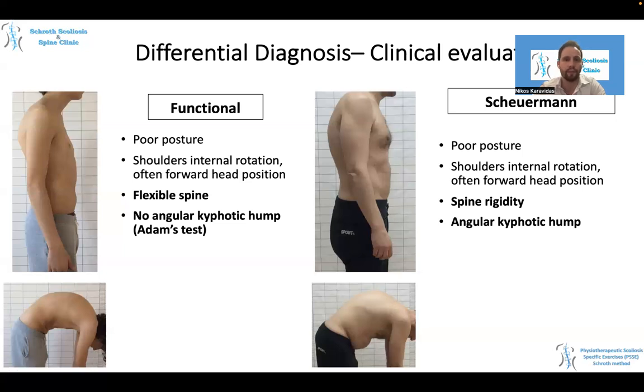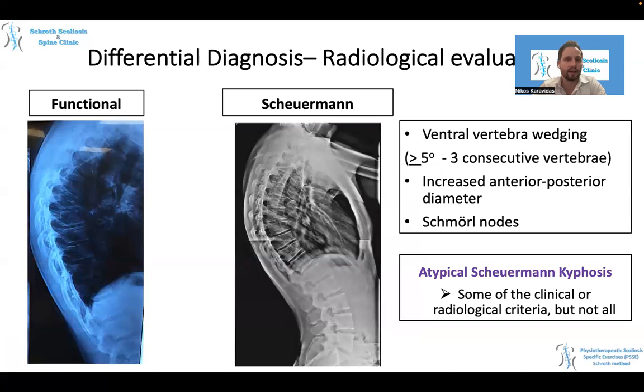The radiological criteria to differentiate between functional and Scheuermann kyphosis are the vertebral wedging on the ventral part of the vertebral body, and you need to have 3 wedged vertebrae with an angle more than 5 degrees.